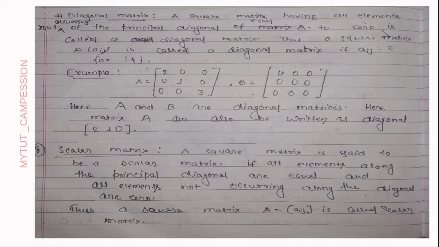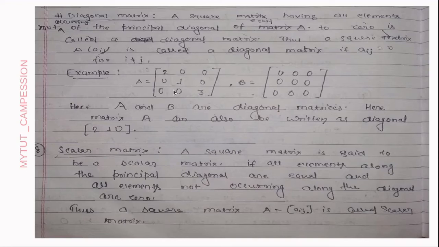Where the row number and column number are the same, i equal to j, that is the principal diagonal. Where the row number and column number are not equal, the element is 0, and then we can say it is a diagonal matrix.